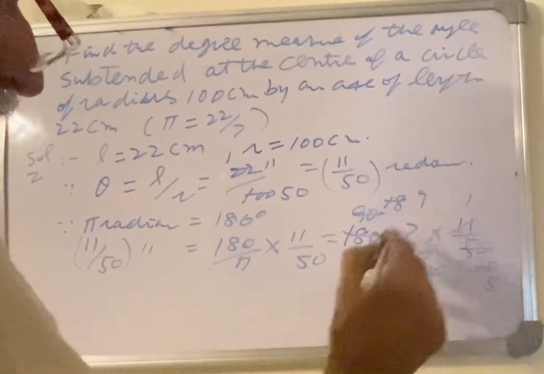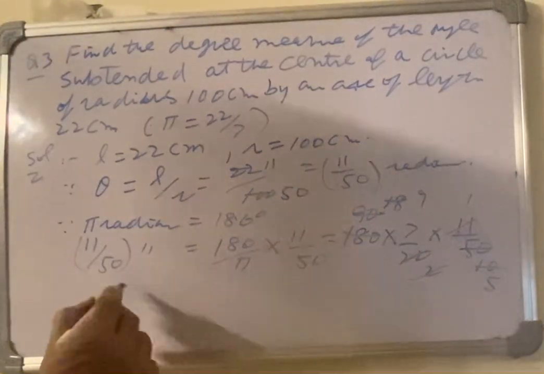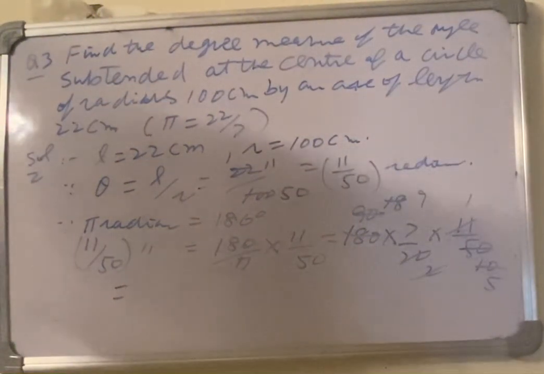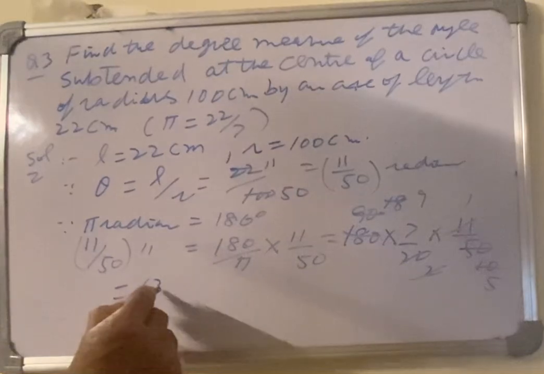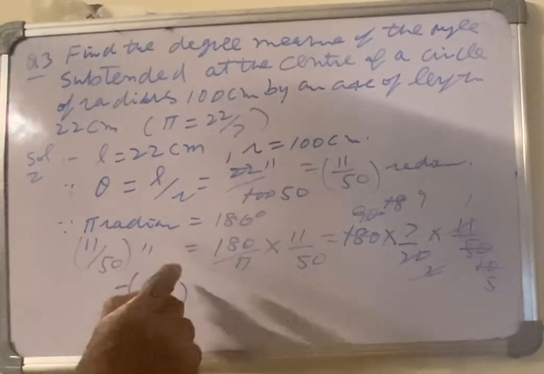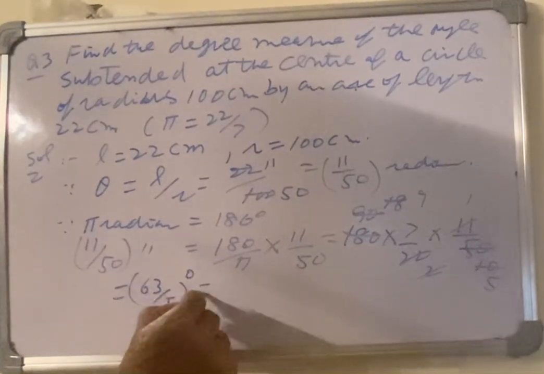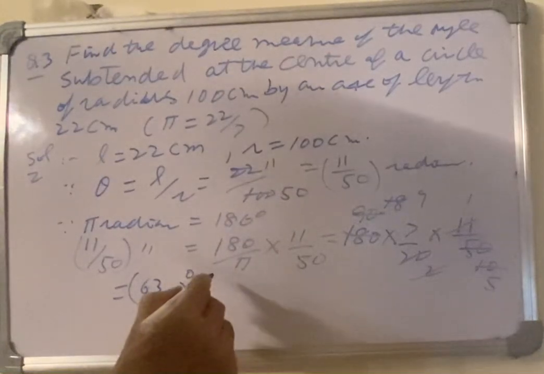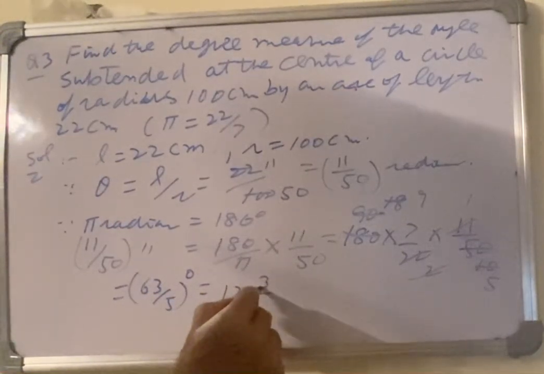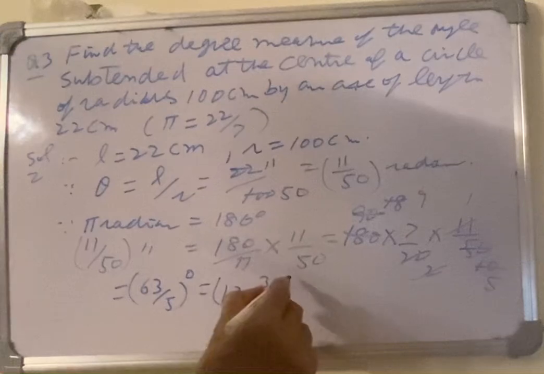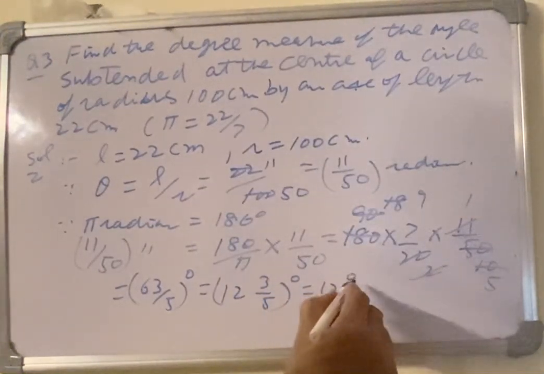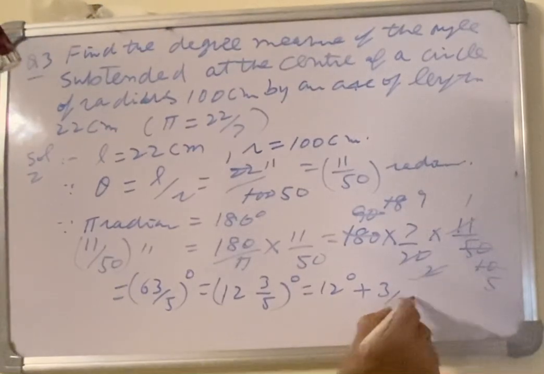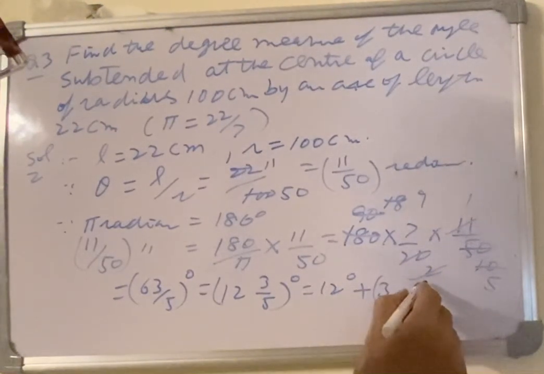So we are left with 63 over 5 degree. We convert this into mixed fraction, 12 3 by 5 degree. We can write it as 12 degree plus 3 over 5 degree.